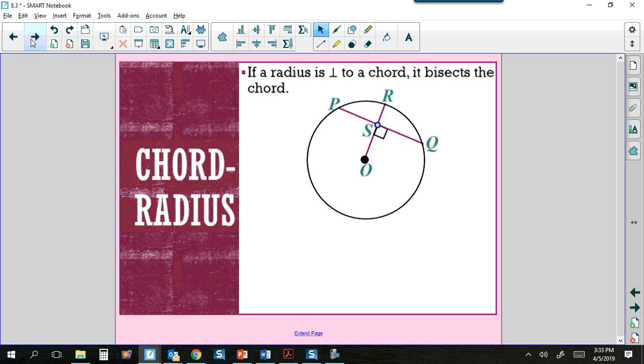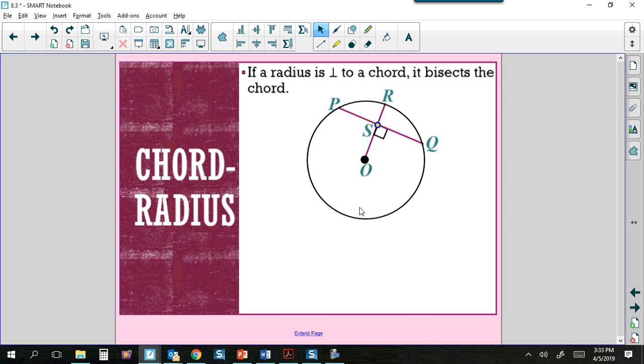When you have a chord and a radius, if you have a radius that is perpendicular to a chord, here's a radius intersecting a chord, and they are perpendicular to each other, we also know that the chord is bisected. The converse also works: if you have a radius bisecting a chord, then the radius is perpendicular to the chord.